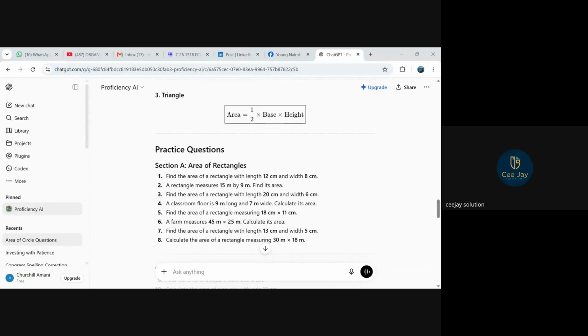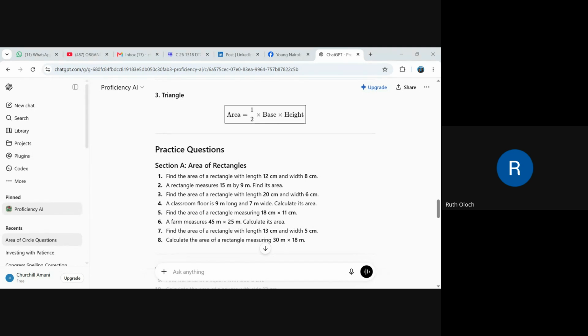Let us appreciate him. Now, the next question, question 4. Ruth, explain to us how you got your answer. The question says, a classroom floor is 9 meters long and 7 meters wide.